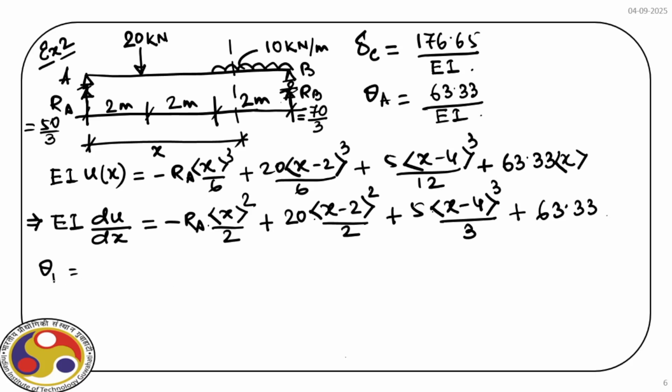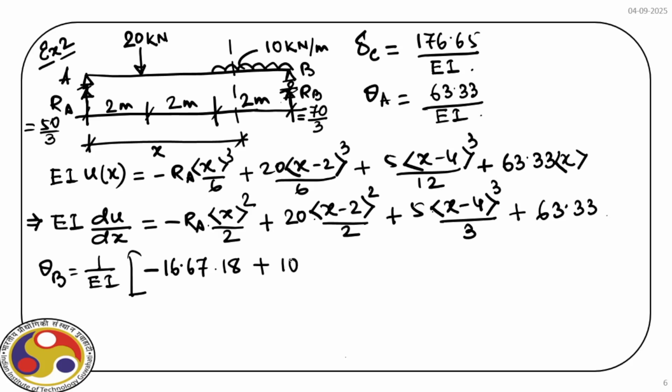So theta B is equal to 1 by EI. Then within bracket we have minus 50 by 3, which is 16.67, times we have x equal to 6, so that means 36 by 2.